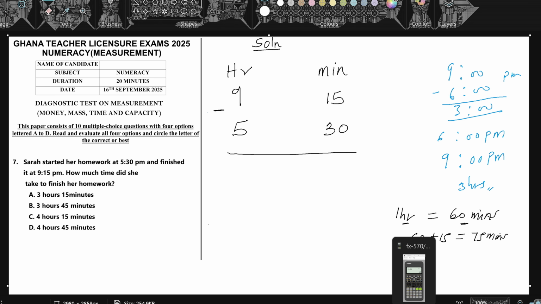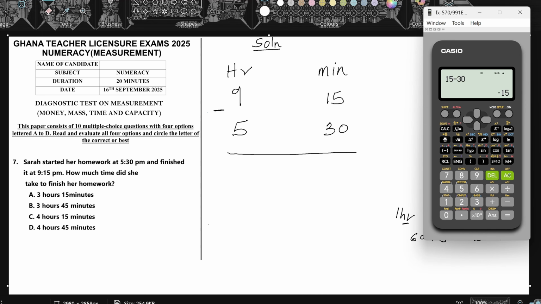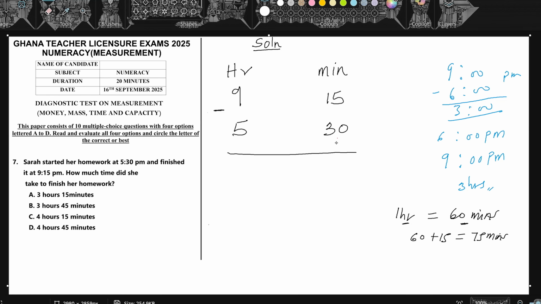Let's check our answer. 75 minutes minus 30 minutes, we have 45 minutes. We have already borrowed 1 from the 9 hours, leaving 8 hours.